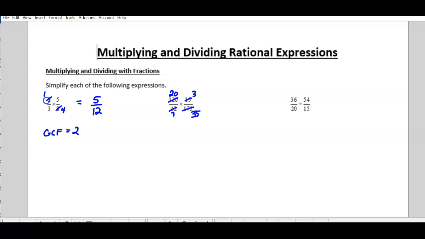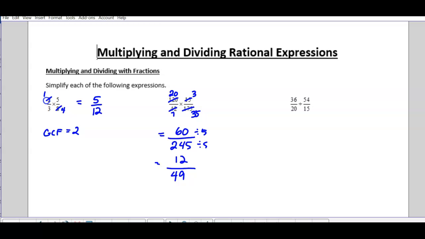So still I can reduce, but maybe you want to show that multiplication right now. Totally up to you. That's 210 over 245. And then you can divide by 5 again, and that's going to be 12 over 49.